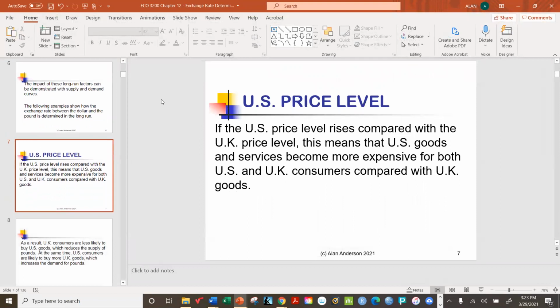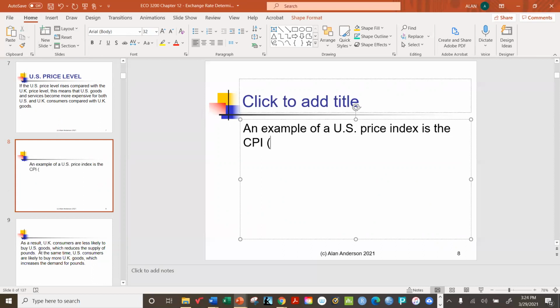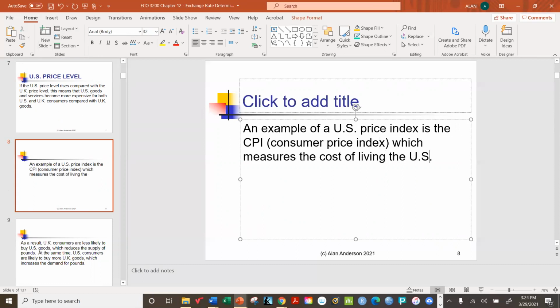So let's start by looking at the US price level. Now, the price level, you can think of as an index, which represents the overall cost of goods and services in the United States. The classic example would be the CPI, or Consumer Price Index, which you may have heard of. Let me just sneak this in here. An example of a US price index is the CPI, or Consumer Price Index, which measures the cost of living in the US.